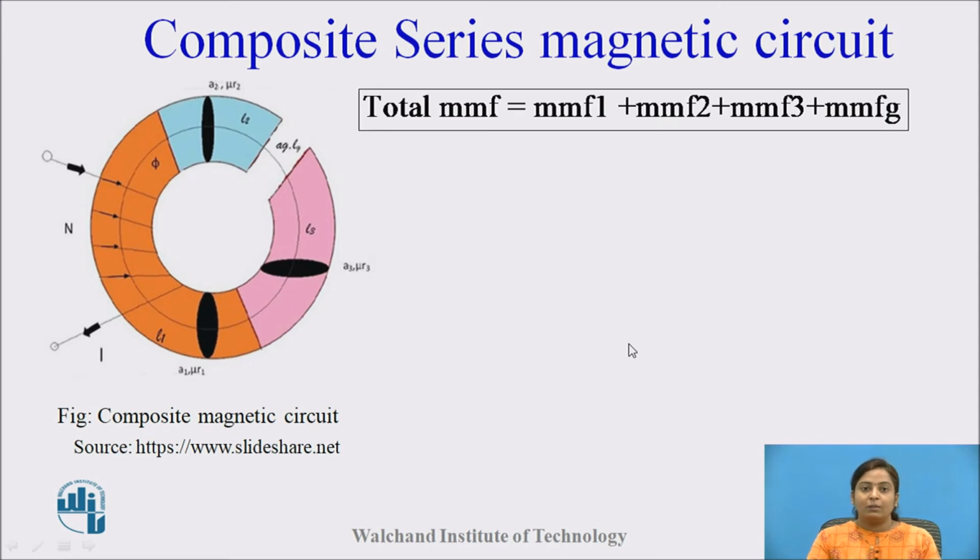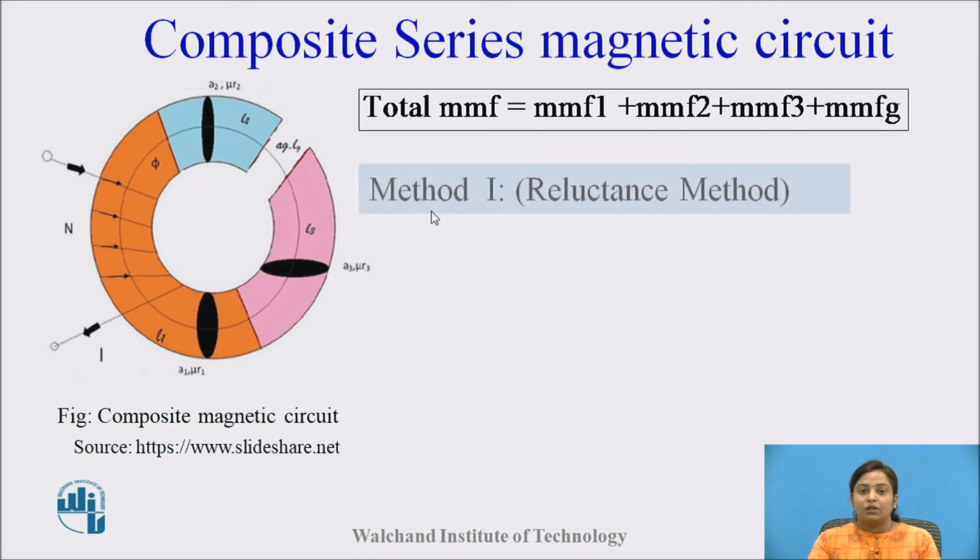Now the total MMF for a composite series magnetic circuit is equal to the sum of the MMF of all individual parts. So MMF1 plus MMF2 plus MMF3 plus MMF of the air gap.